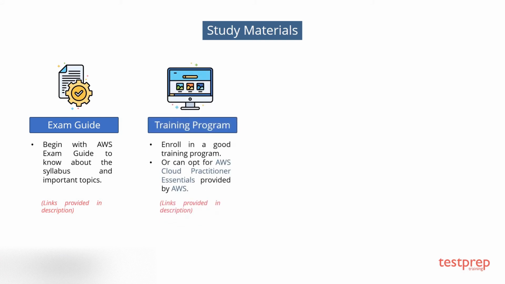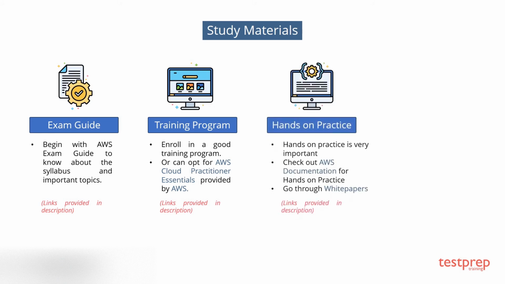Training Programs. Then you can enroll for the AWS Online Training Program, or opt for other online instructor-led courses. 3. Hands-on Practice. The important thing to remember for your preparation is that you need hands-on practice for better learning. Check out AWS Documentation for hands-on practice. And don't forget to go through white papers.